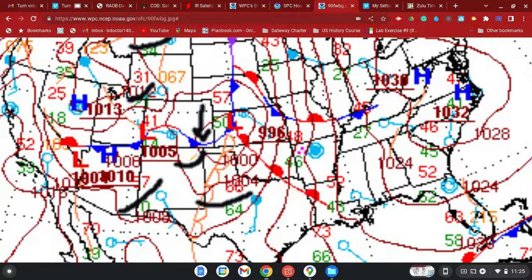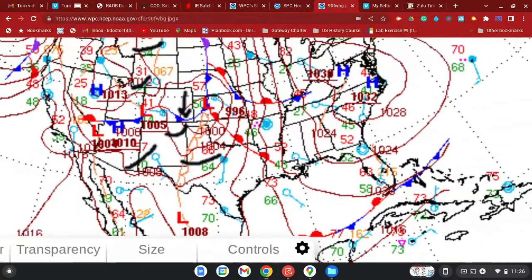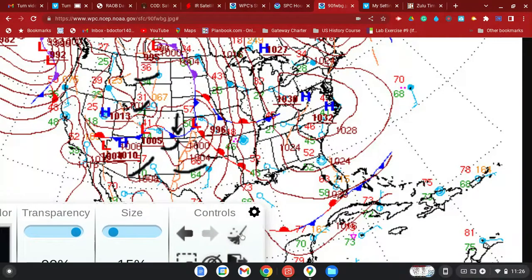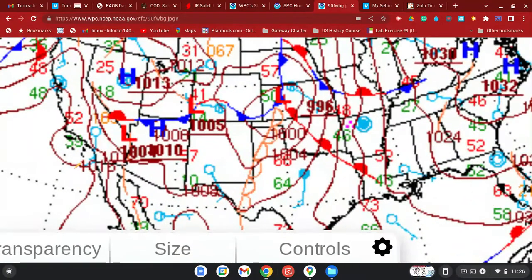Okay, so a cold front means cold air is moving towards the warmer air. It doesn't mean cold air is already in place.